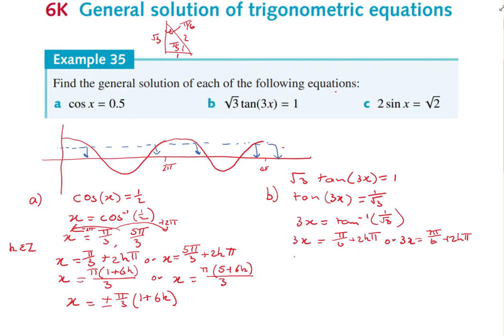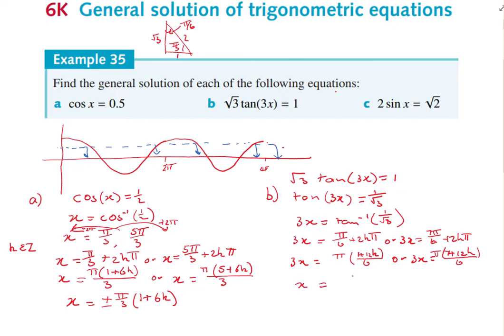If you put that on a common denominator, that'll be pi by 1 plus 2k, putting it on 6, you'll have 12, so 1 plus 12k on 6, or 3x is equal to 7 plus 12k on 6 with a pi out the front, and then divide by the 3.